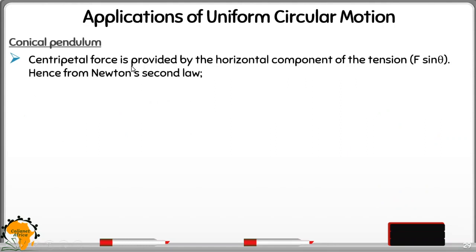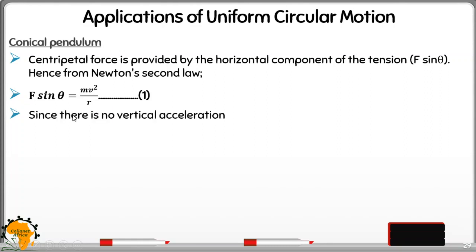Now, centripetal force is provided by the horizontal component of the tension, that is F sine theta. Hence, from Newton's law, we have that F sine theta, which is now our centripetal force, is equal to mv squared over r. And there is no vertical acceleration.